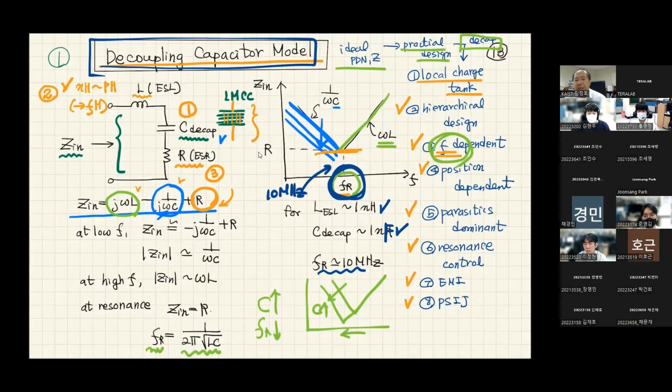Unfortunately, this may not work very well for the gigahertz frequency range. That is a very difficult part of our work. The only way we can reduce the impedance at a higher frequency is decreasing the inductance.